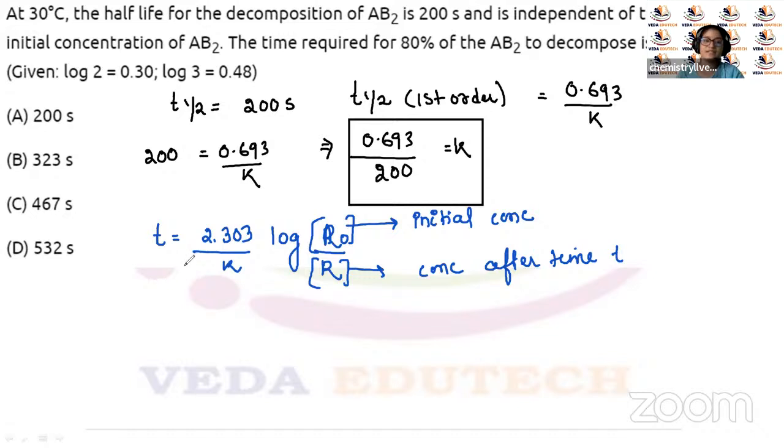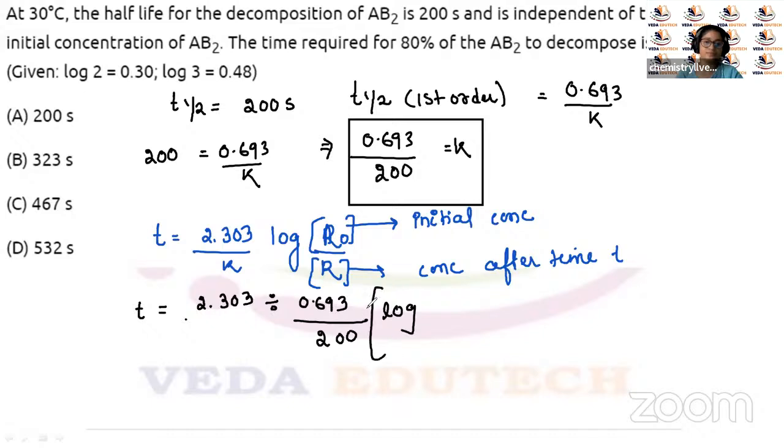Now, talking about this, we want to find out the time. So obviously we'll keep T here. T equals 2.303 by K, and K is 0.693 by 200, into log R naught by R. Now see children, it is 80% decomposed.